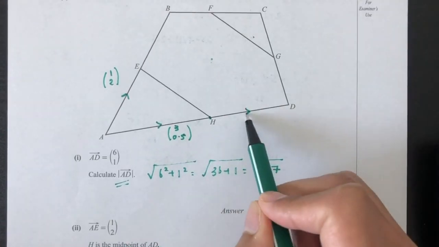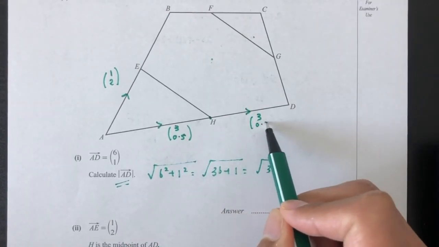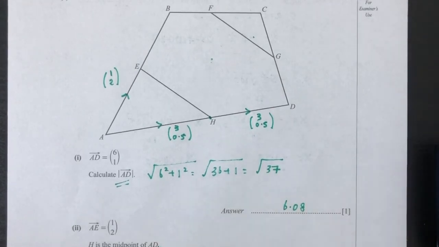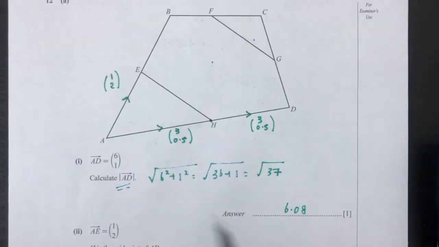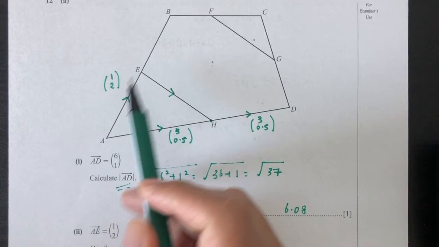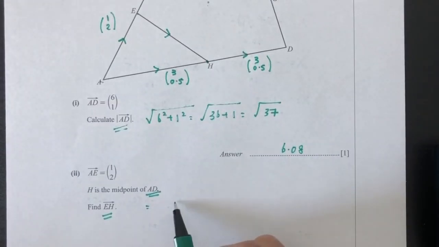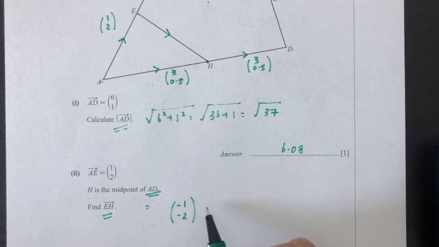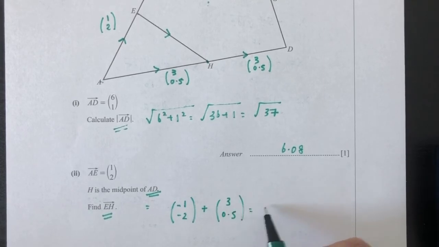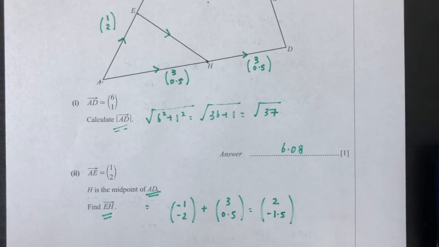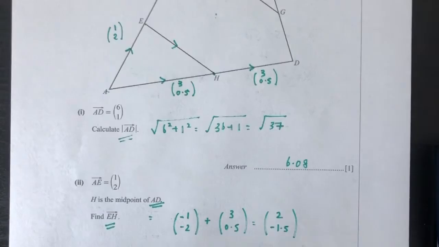This is the same as well, (3, 0.5). Right. Now find the value of EH. EH will be in this direction. That will be EA plus AH. So EA is given by (minus 1, minus 2) plus AH, that is (3, 0.5). That will be (2, minus 1.5). That's your value for EH.